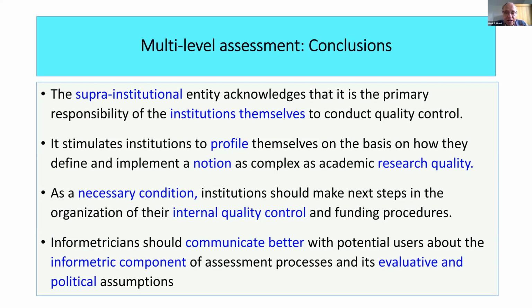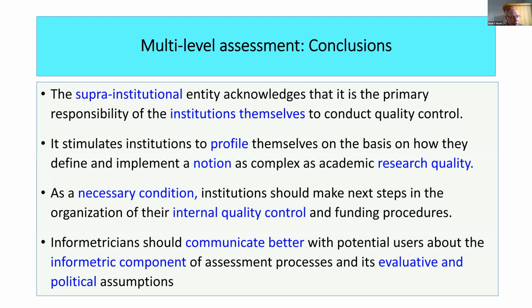I'm against it, and I defend against this. Of course, a necessary condition is that institutions should make next steps in the organization of their internal quality control and funding procedures.